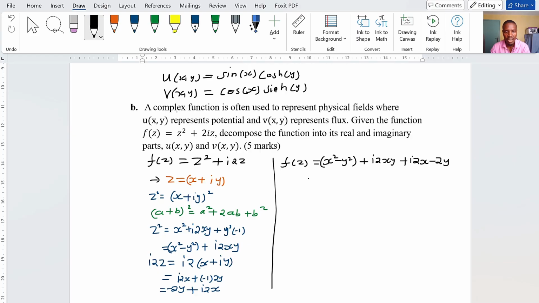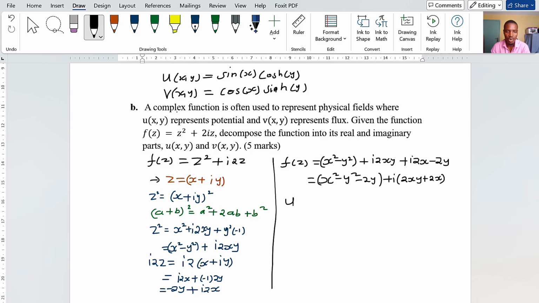Correct. Now collecting the real part together, we'll have x squared minus y squared minus 2y. This is the real part, plus the imaginary part, we have i 2xy plus 2x. It's the way you want to factorize it.